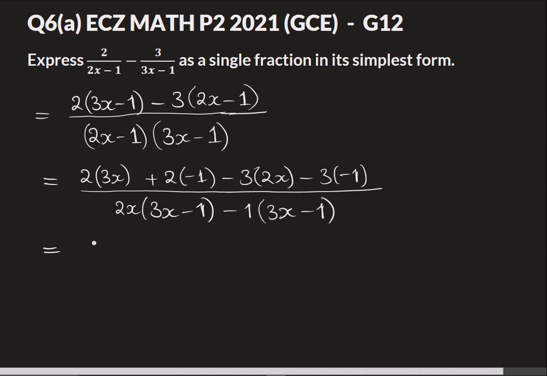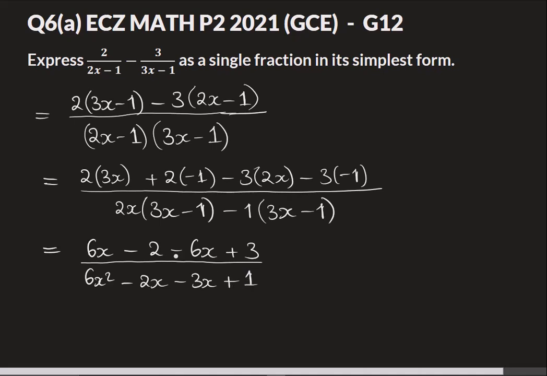The first term in the numerator is going to be 6x. Then we'll have a negative 2, negative 6x again, and we'll have a positive 3. In the denominator, we can see we're going to have a 6x squared minus 2x minus 3x plus a 1.